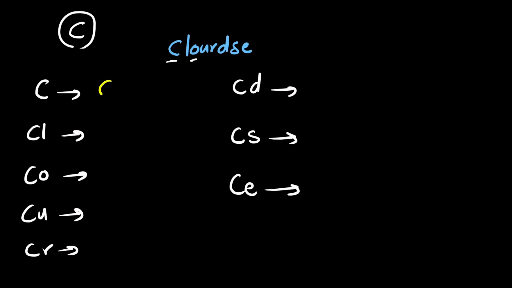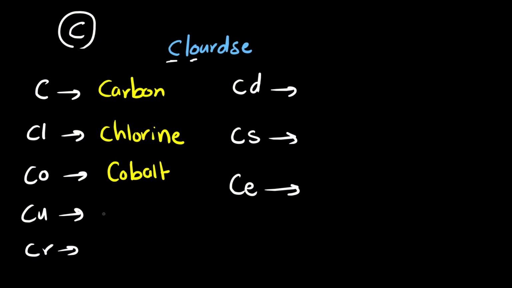C itself is carbon, Cl is chlorine, Co corresponds to the element cobalt, it's a metal, and Cu is copper. Cr is chromium. For Cd, it's cadmium.